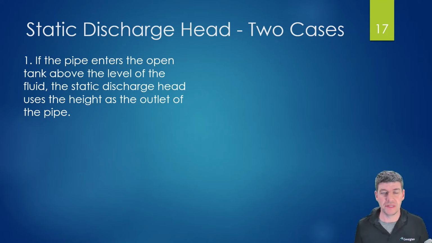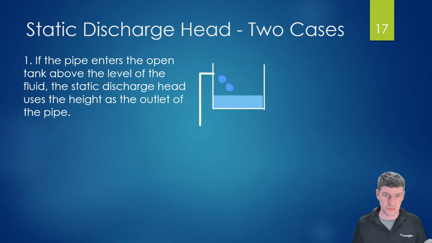And when we have this, we have to consider where the fluid leaves the pipe. And we could have 2 different situations. First one, it just drains in and leaves horizontally. And in this case, yes, we would consider the top height of our system to be the height where the water left that pipe.